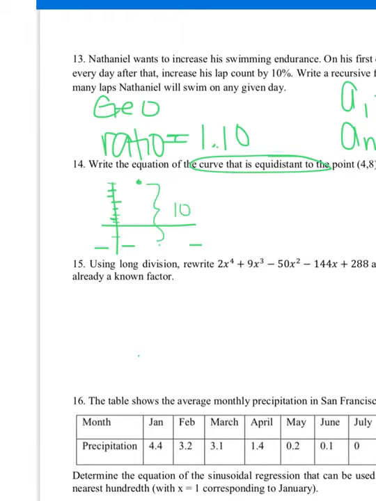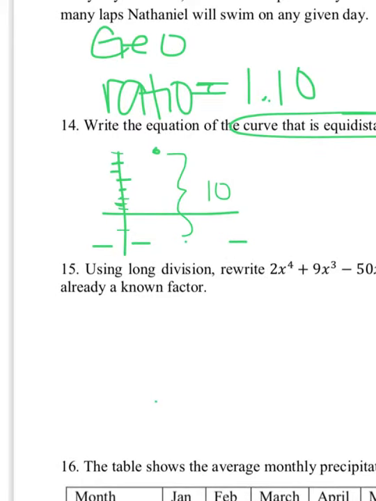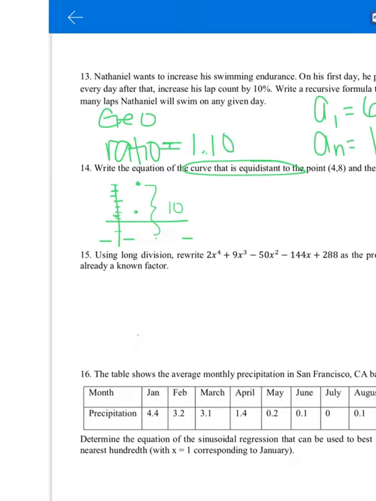So if I count 5, if I go down 5 from the focus, that gives me the vertex. The vertex is at 4, 3. Right, I had it over 4 here. The parabola is concave up. The p-value from here to here, I am going up, so positive 5.